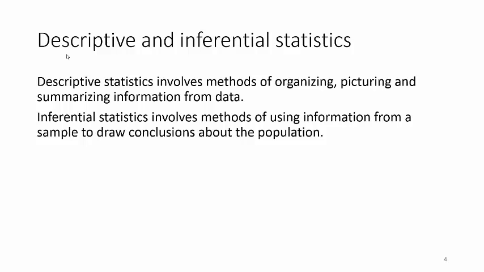It tries to find patterns and trends of data and make some estimates or predictions. So inferential statistics involves methods of using information from a sample to draw conclusions about the population. Inferential statistics, or we can call it predictive statistics, uses the summary to make estimates or predictions about what is likely to be the case in other situations or maybe in future situations.